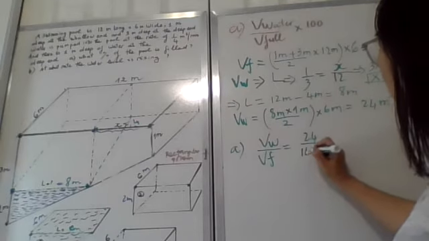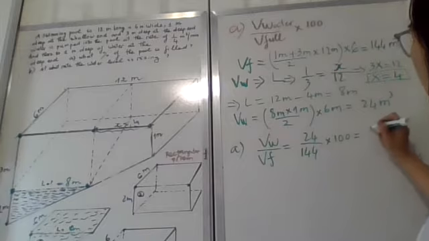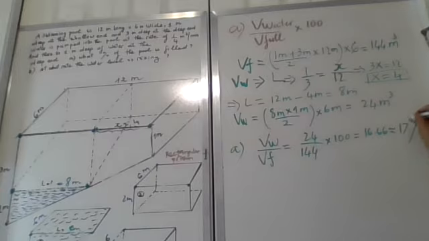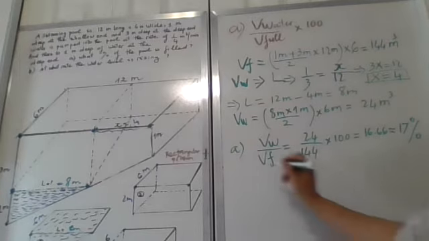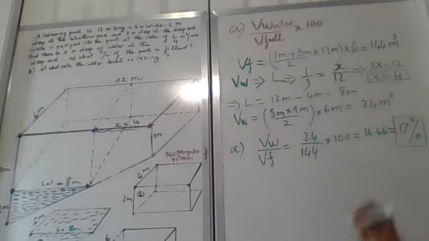So now to answer A, we will say VW divided by V full, VF, equal 24 divided by 144 times 100. That will give us 16.66, rounded off becomes 17%. So now we know the answer for A is 17%.